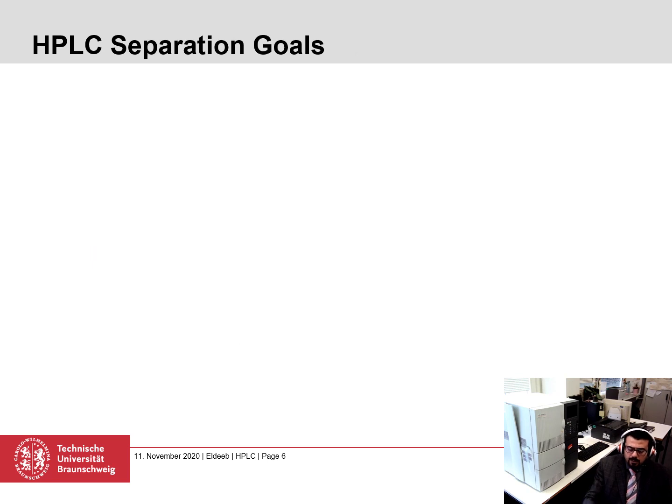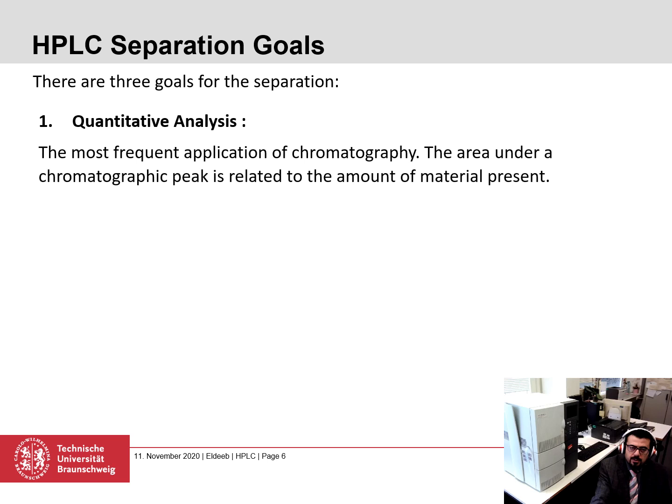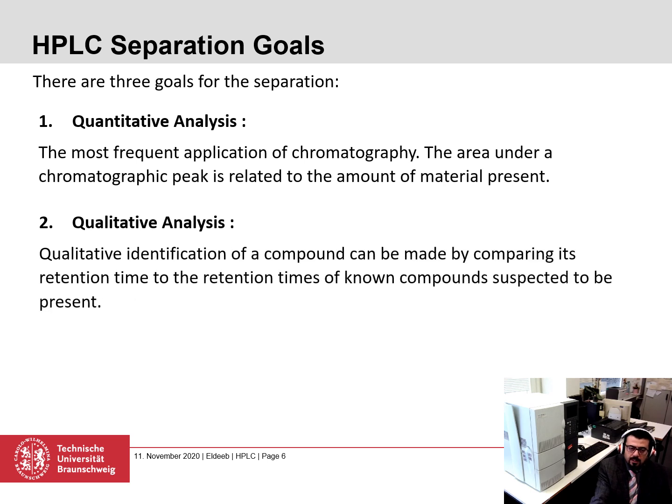And here about the separation goals. There are three goals for the separation: either quantitative analysis, which is the most frequent one in chromatography, in which we correlate the peak area, or the area under the curve, to the concentration of the substance, or qualitative analysis, in which we identify an unknown substance by matching it to the retention time of a reference substance.